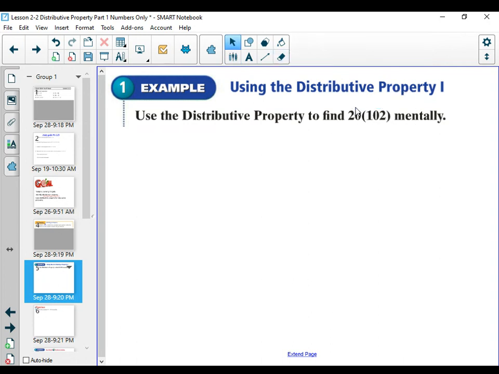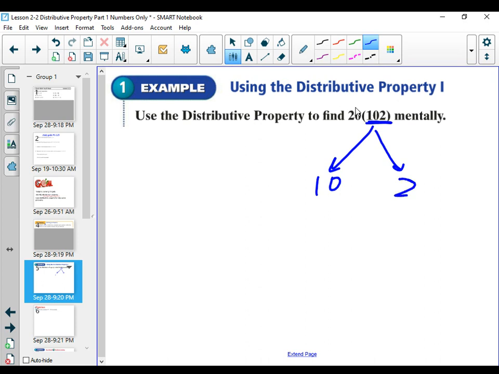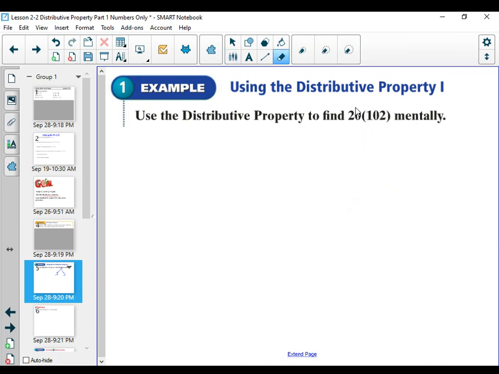So I need to figure out a way to break 102 into 2 numbers. Lots of people tell me 10 and 2, but that's not worth the same as 102. So I need to think about what is worth the same as 102.